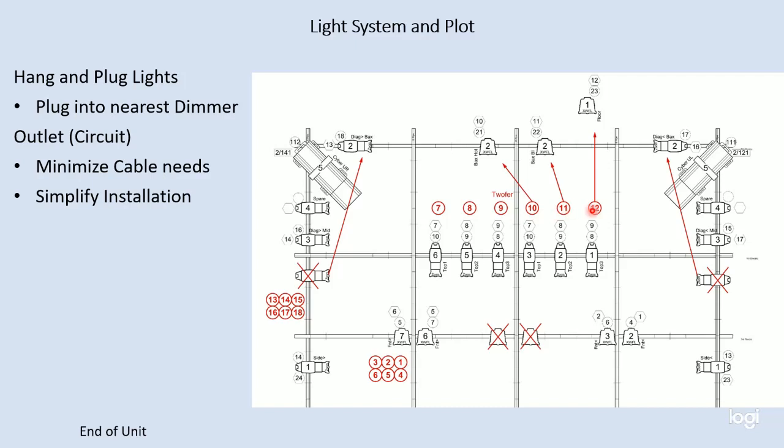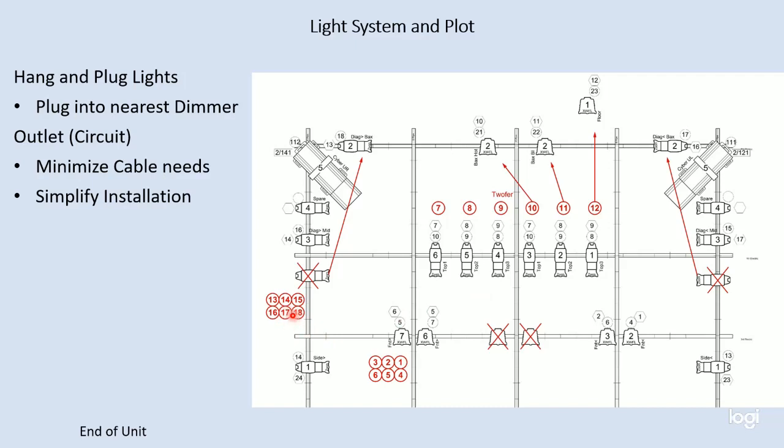This is where they physically appear. And as I'm hanging the lights, I just want to be able to plug them into the nearest available dimmer. You can see that this light here is really close to number 7, so we would just plug it into number 7. This one into number 8, 9, 10, and so on, right down the line, so that they all just plug in together.